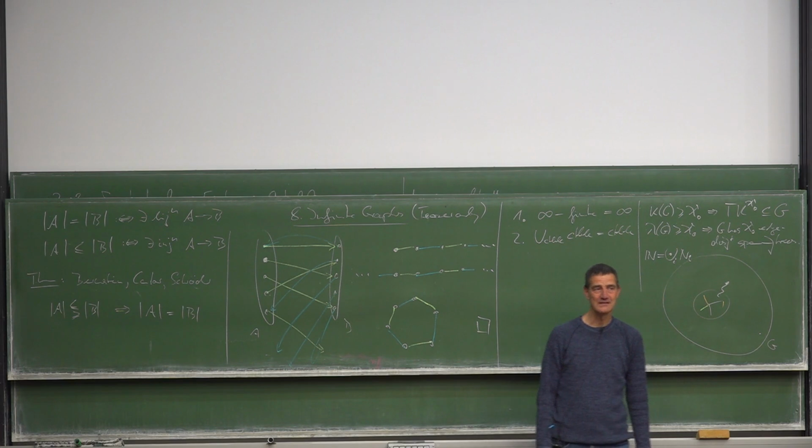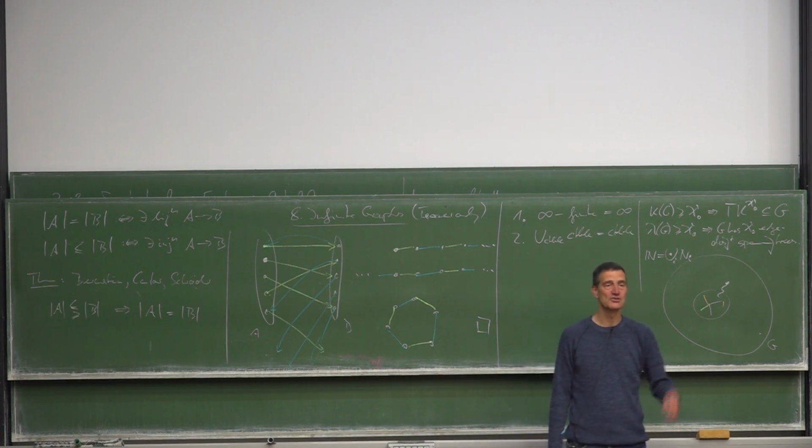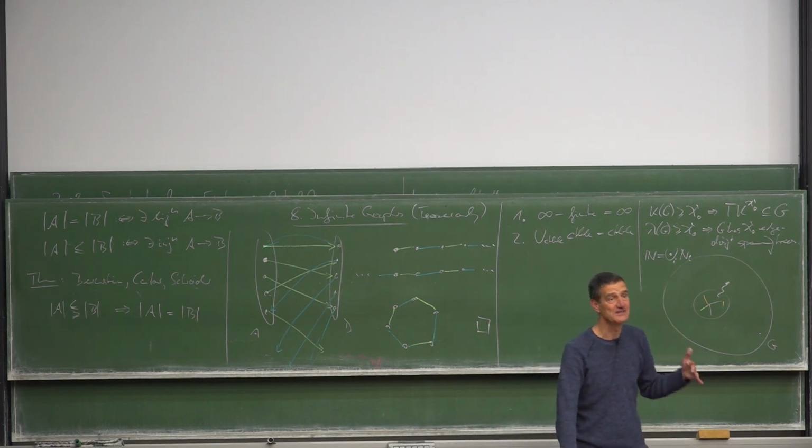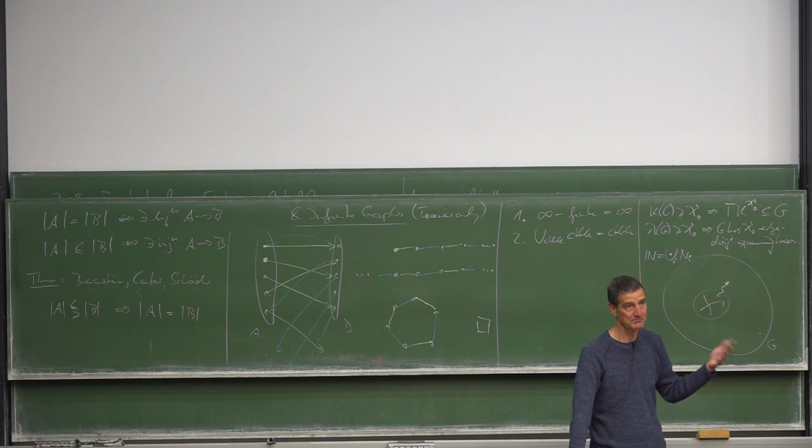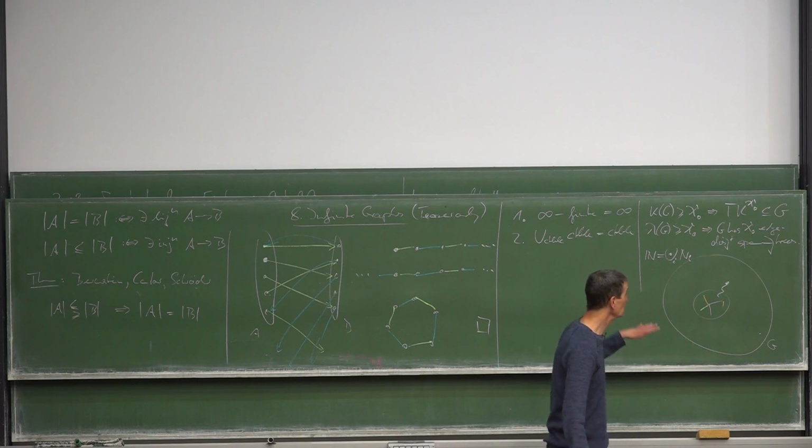Can we even make sure that we use the entire set of edges as well? We're using in every t_i all the vertices. That's because they're spanning trees. Can we use up all the edges of G?